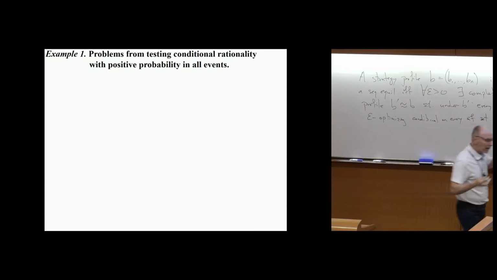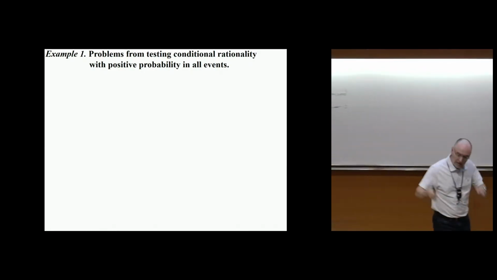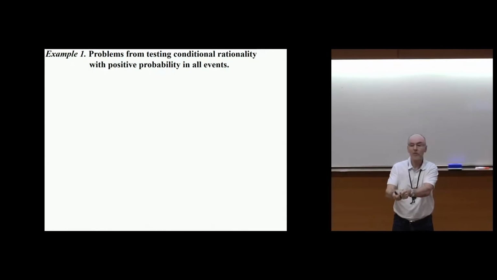Okay, so you could check whether or not a strategy profile is a sequential equilibrium. How do you check? If for every epsilon, you can perturb the strategy profile arbitrarily slightly, such that that perturbation is completely mixed, and now conditional on every information set, under that perturbation, the players are epsilon optimizing, then the original strategy profile was a sequential equilibrium.